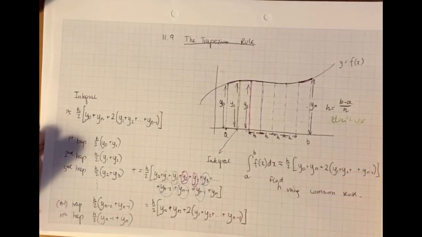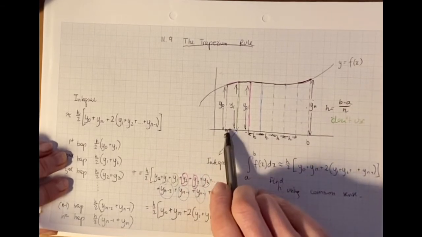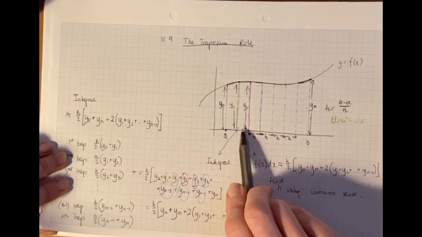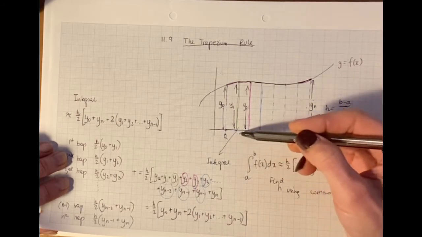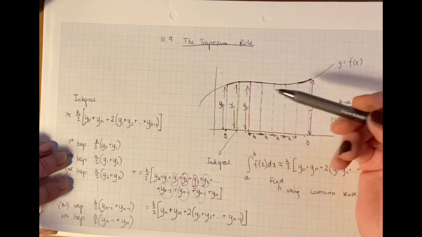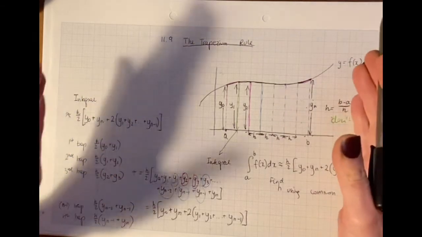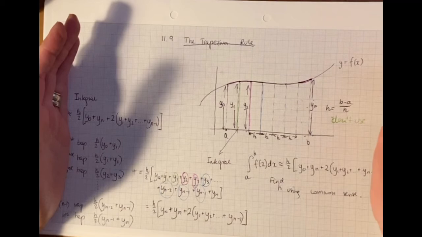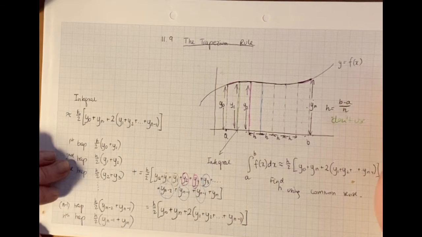Let's just very quickly mention it before we move on to example 24. The reason people make mistakes with that n is because, for example, in this example we've got 1, 2, 3, 4, 5, 6, 7, 8 values of x that you will have to find the corresponding values of y for, but the number of trapezia we've got is 1, 2, 3, 4, 5, 6, 7, because don't forget you will have the starting point and the end point, and in between you will have one less gap than the actual values involved.